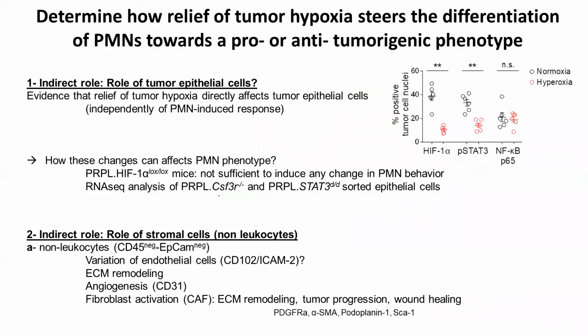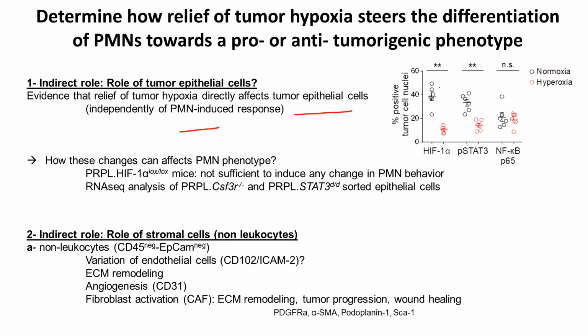So first we want to determine how relief of tumor hypoxia steers the differentiation of PMN toward a pro- or anti-tumorigenic phenotype. This role can be indirect first, and may involve the tumor epithelial cells. We have evidence that relief of tumor hypoxia directly affects tumor epithelial cells, independently of the PMN-induced response.